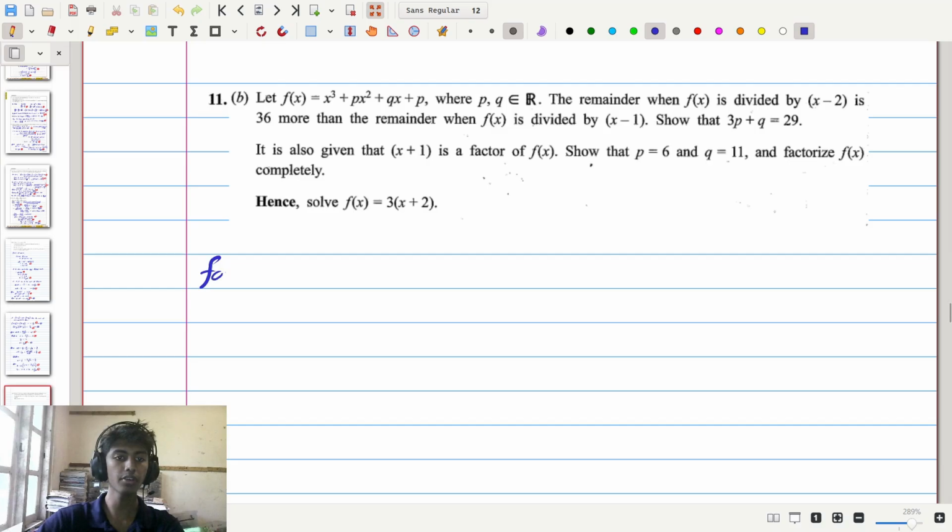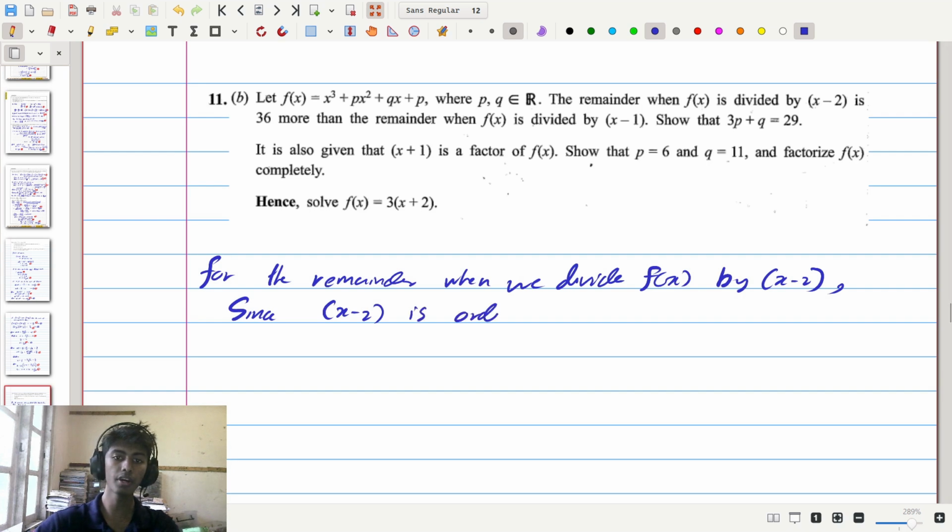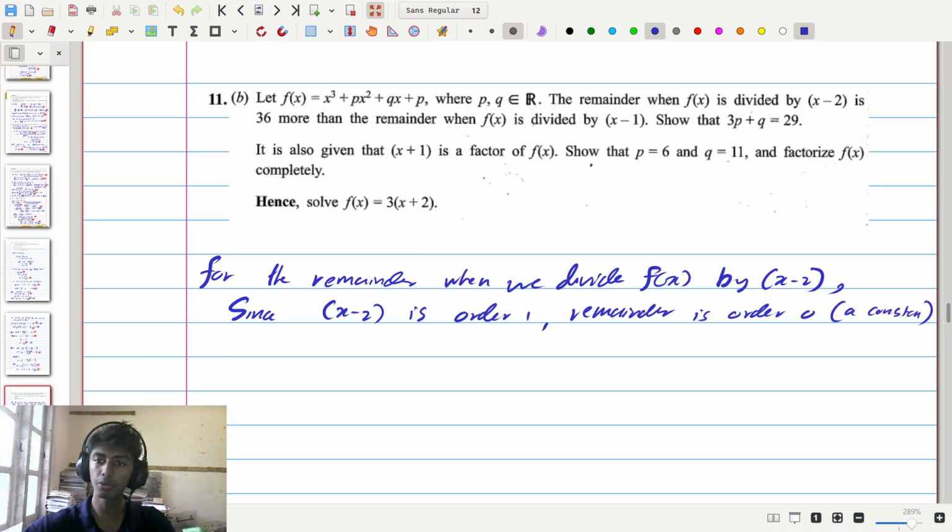So we can say, for the remainder when we divide f(x) by x minus 2, since x minus 2 is order 1, the remainder is order 0, which is a constant.